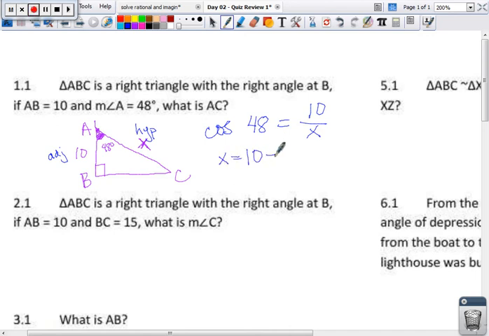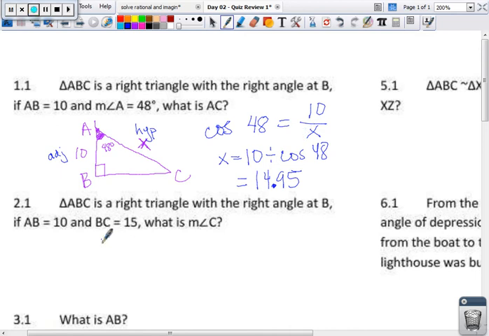So 10 divided by the cosine of 48 turns out to be approximately 14.95 units if you want to round to 2 decimal places, or 15 if you don't. Okay? So because we have the adjacent and the hypotenuse, we use the cosine. The adjacent goes on top, the hypotenuse goes on bottom.